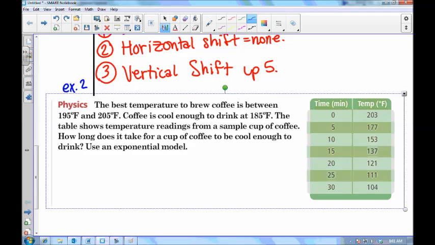Coffee is cool enough to drink at 185 degrees Fahrenheit. The table shows temperature readings from a sample cup of coffee. How long does it take for a cup of coffee to be cool enough to drink? Use an exponential model.